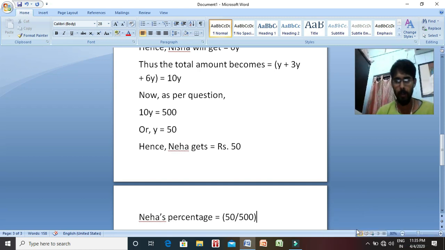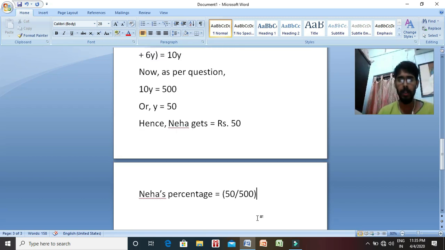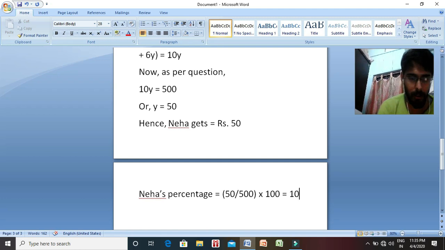Okay, so that will be 50 by 500. That is Neha's percentage. So we will multiply that with 100. So that will give us the total percentage, and that is nothing but 50 by 500. So it should be 10%. Okay, so Neha's contribution is equal to 10%.